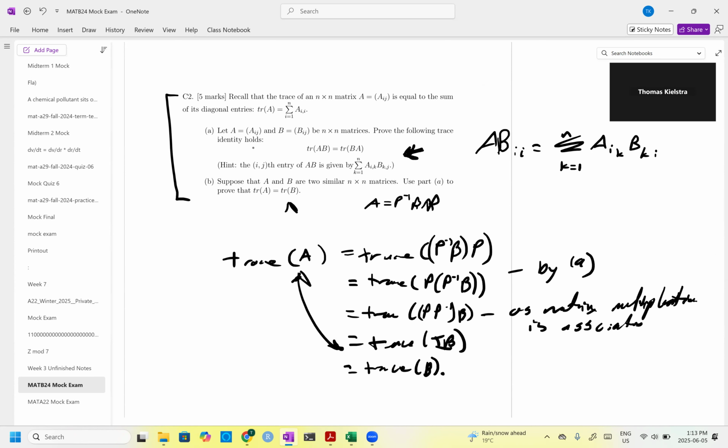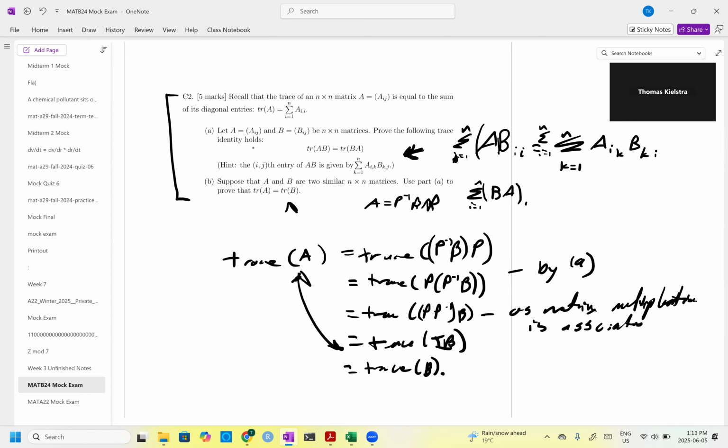And now I want to take the sum of i equaling 1 to n of this expression.